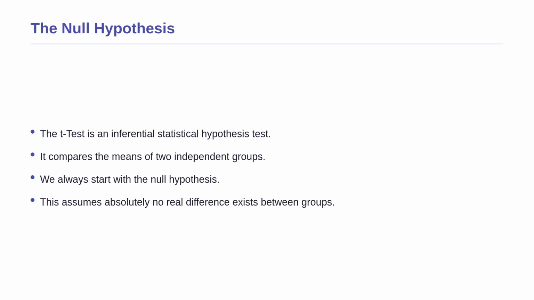Now that we understand the goal, let us formalize this in the language of biostatistics. The t-test is a specific type of inferential statistical hypothesis test used to compare the means of two independent groups. Whenever we conduct this test, we must always start with what is called the null hypothesis.